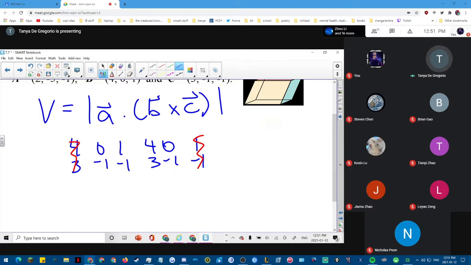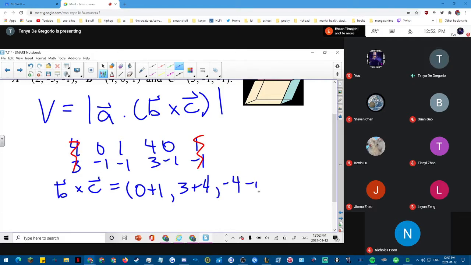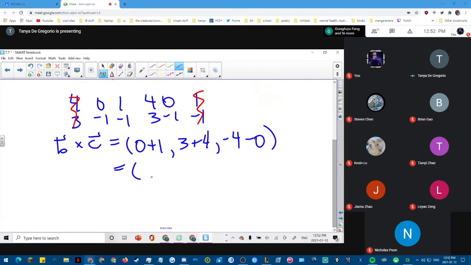And so then I see that the cross product of B and C is equal to what? 0 plus 1, 3 plus 4, negative 4 minus 0. 1, 7, negative 4. Okay, and now you just substitute into the formula, a simple dot product.